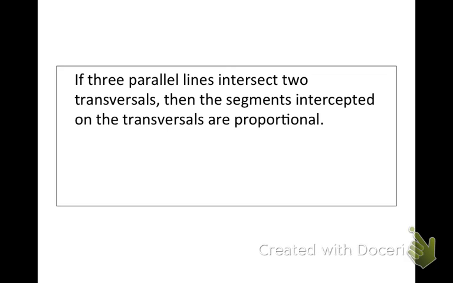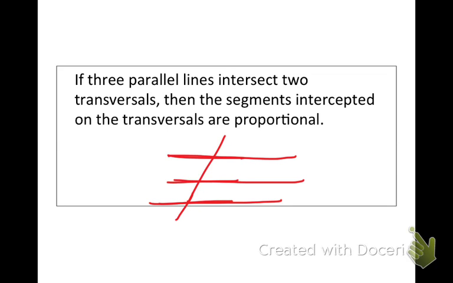Do you remember what a transversal looks like? Remember back in chapter 3, we had parallel lines and a transversal? Now instead of having two parallel lines, I'm going to add a third one to the mix. And instead of just one transversal, I'm going to have two transversals.